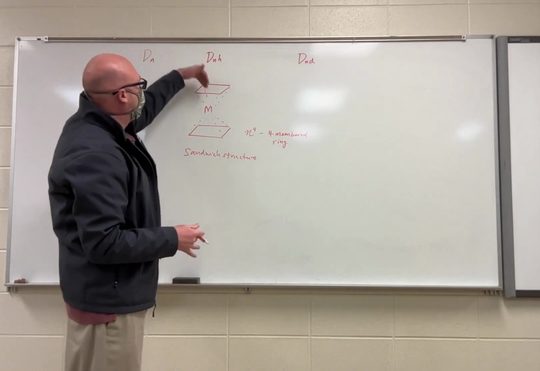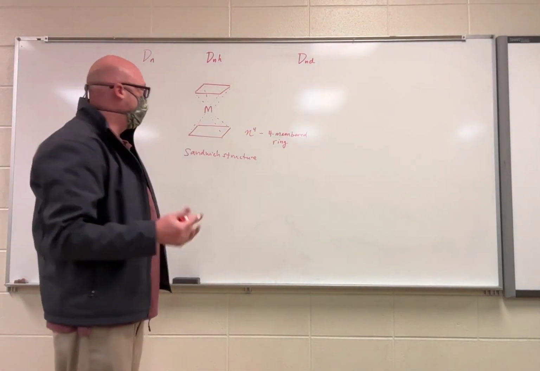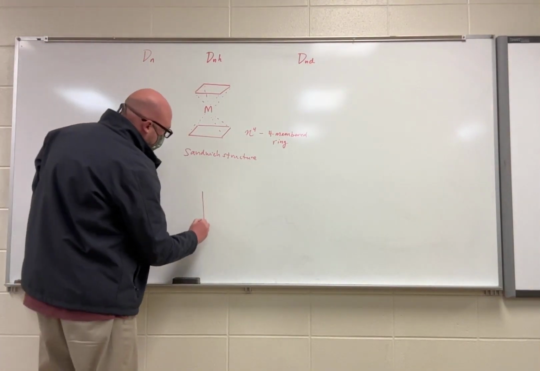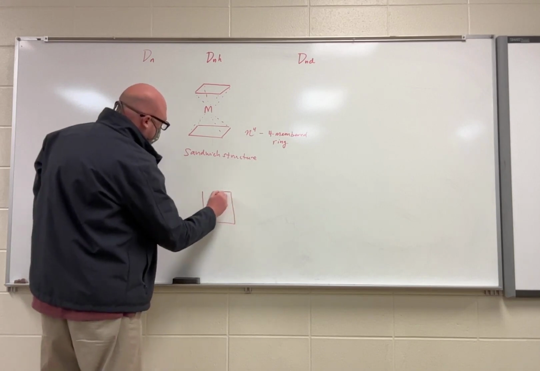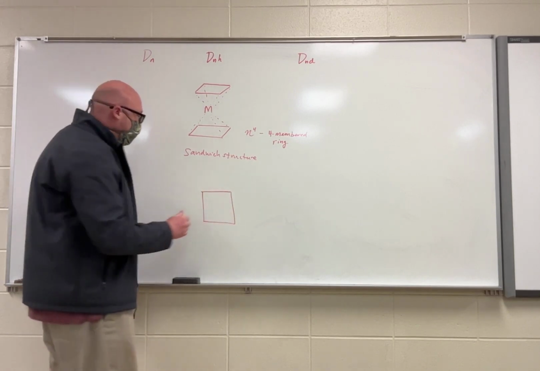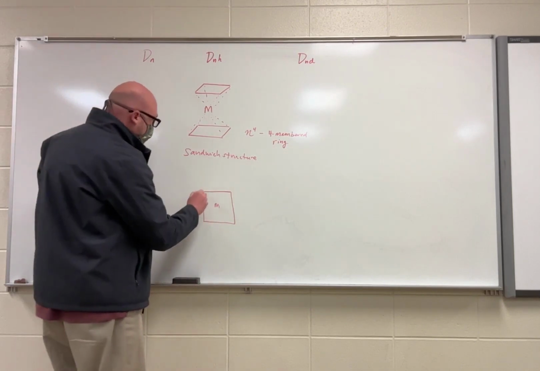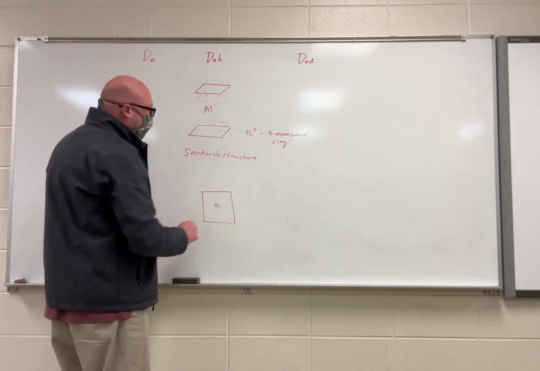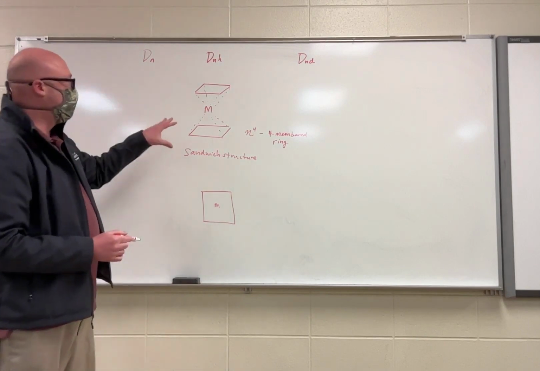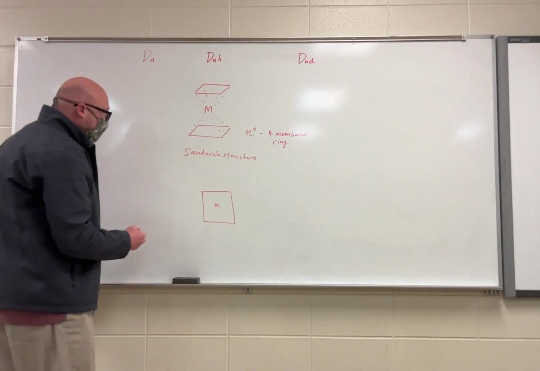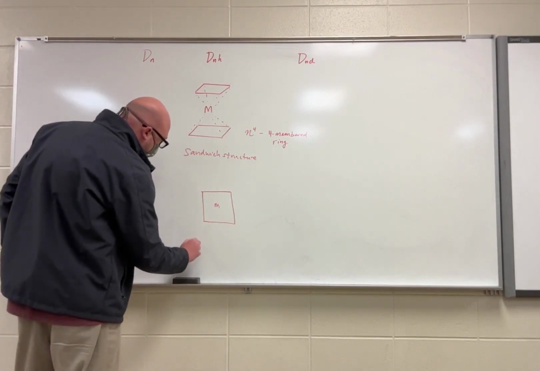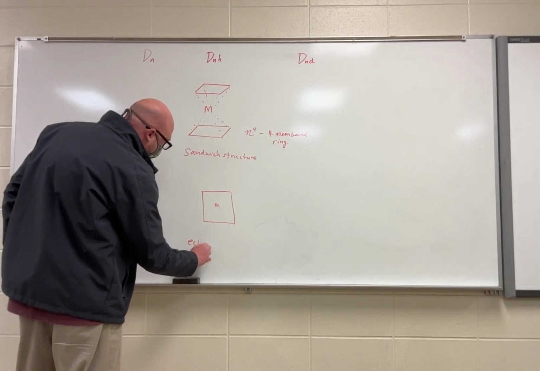We could also imagine a view from the top, in which we would see the four-membered ring as a square set of atoms. The metal would be below that, and then there would be another four-membered ring of atoms directly below. So this would be an eclipsed conformation.